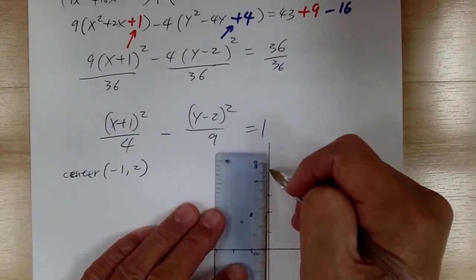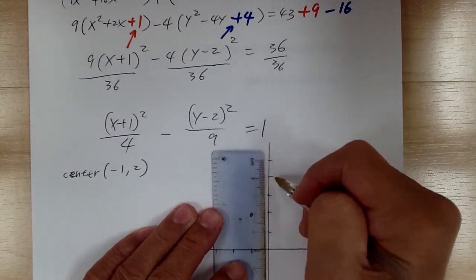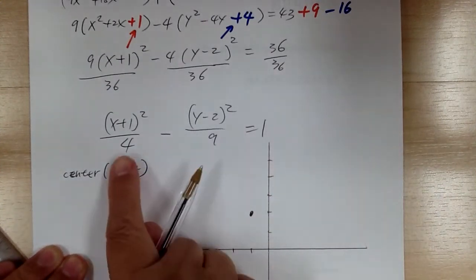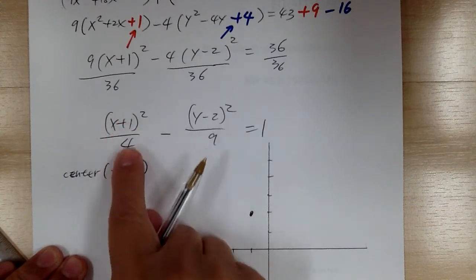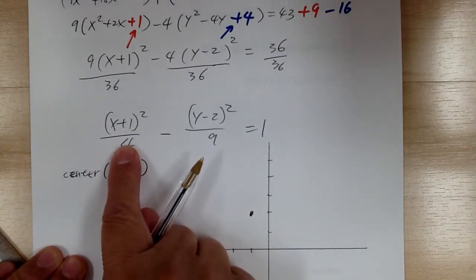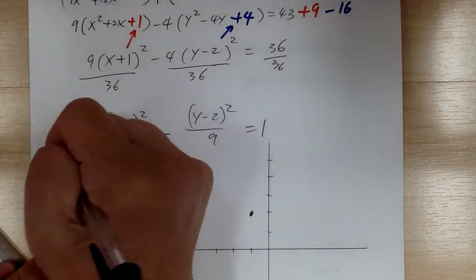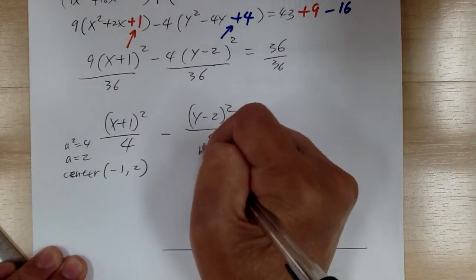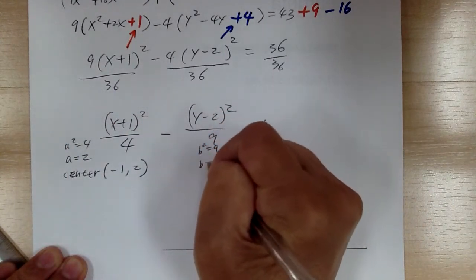And just like the ellipse, everything is going to be based on that center. So here's your center. Now notice there's a 4 under the x, so this is your a squared. You take the square root: a squared equal to 4, so a equal to 2. B squared equal to 9, so b equal to 3.